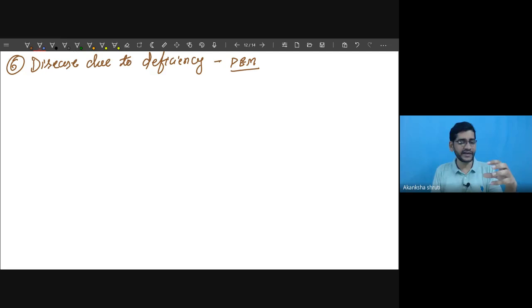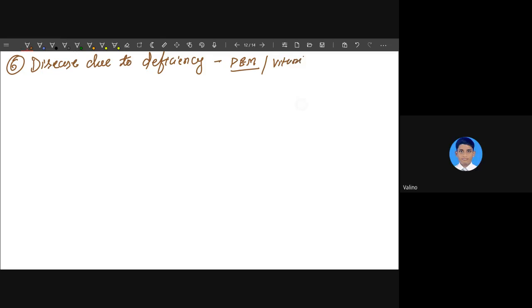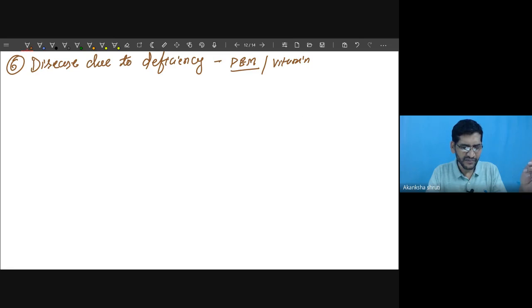But if the ingredients of our food are not sufficient, then it is called malnutrition. So this may be due to the lack of protein and energy, or other ingredients of our food like vitamin deficiency, or calcium, maybe due to the vitamin, maybe due to the mineral. These deficiencies cause disease.